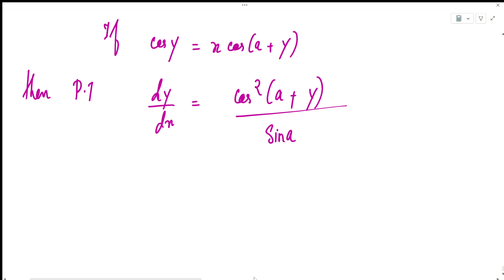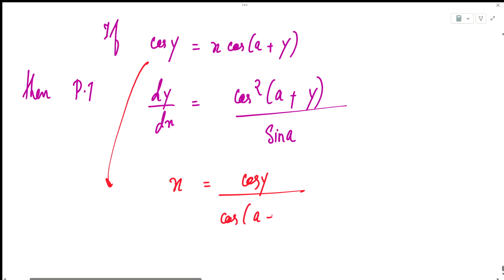So what I'm going to do is, if you take cos a plus y on the bottom and apply the quotient rule, you are going to have x is equal to cos y upon cos of a plus y.